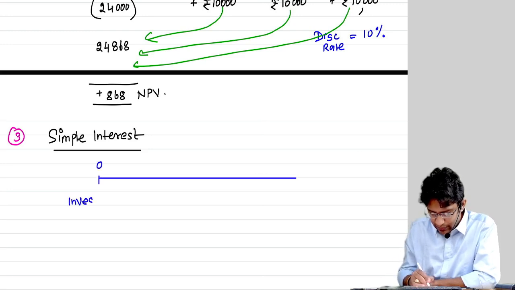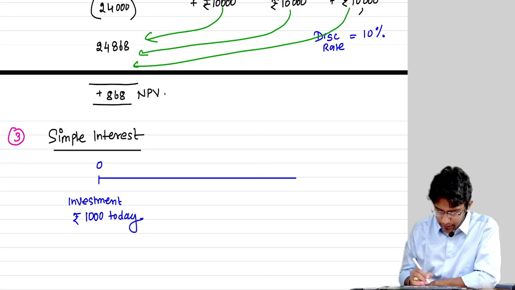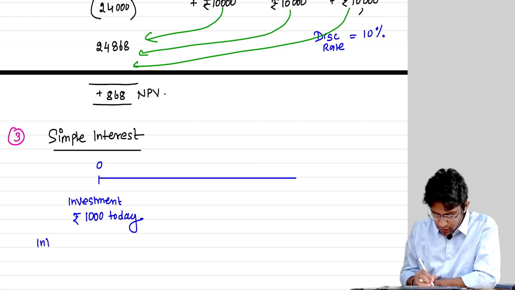Suppose your investment is 1,000 rupees today. Interest rate is equal to 10%.